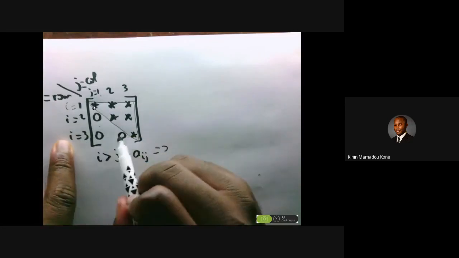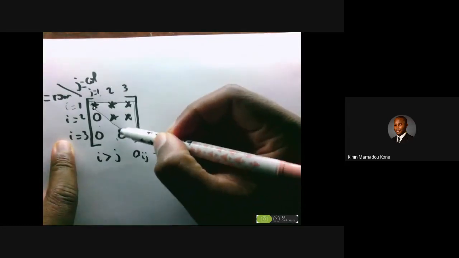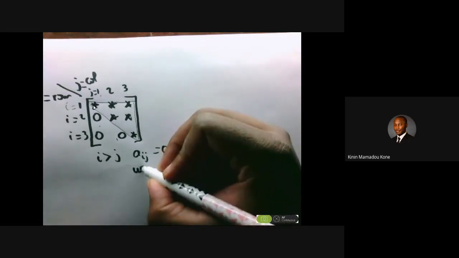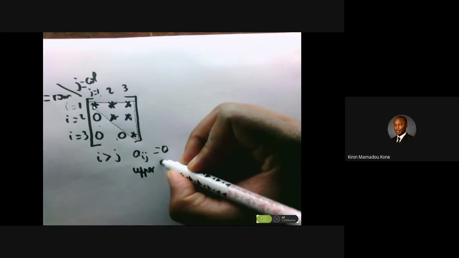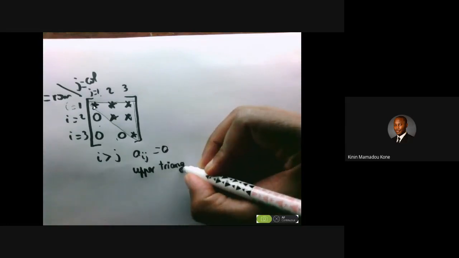When i equals 3 and j equals 2, i is greater than j, the entry equals 0. When you have a case like this, we say that your matrix is upper triangular. You can see that your triangle is up here.